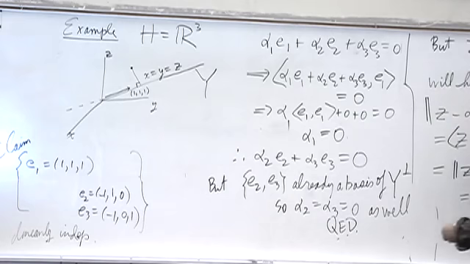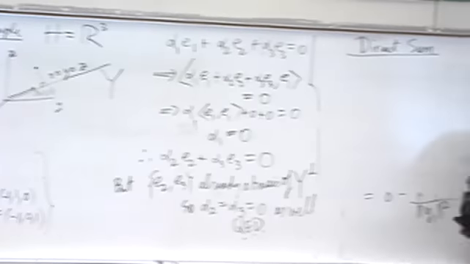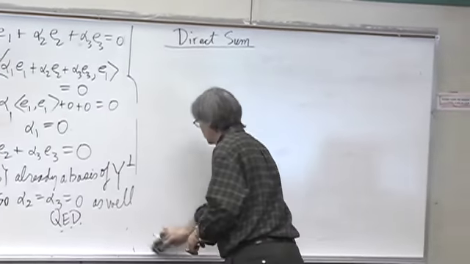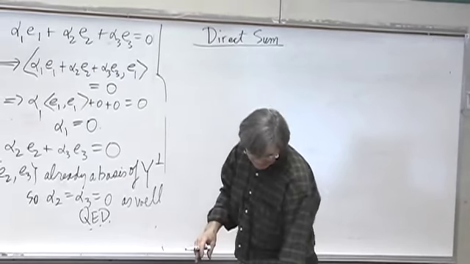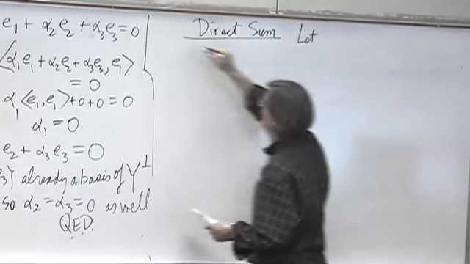So what you have is the so-called direct sum. What's the definition of a direct sum? So let's go to that definition now. Let X be a vector space. This is a definition.